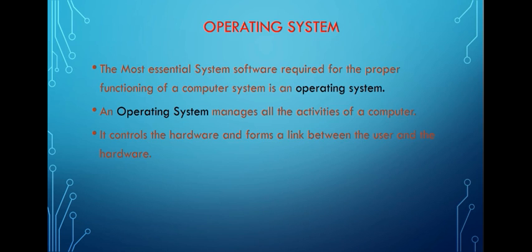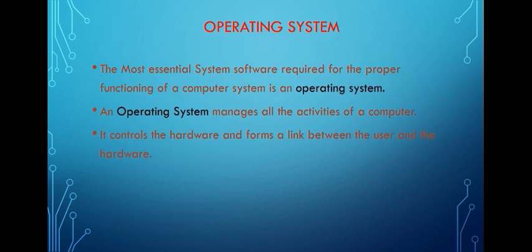Now, it controls all the hardware. So, I think all of you must be knowing that we give instruction to the computer with the help of keyboard and mouse. So, operating system controls these hardware also. It controls keyboard also and mouse also.